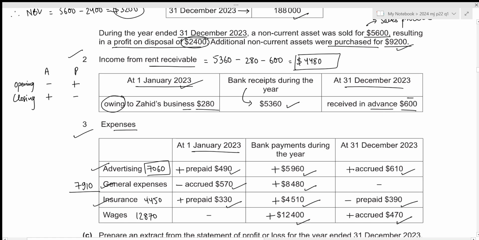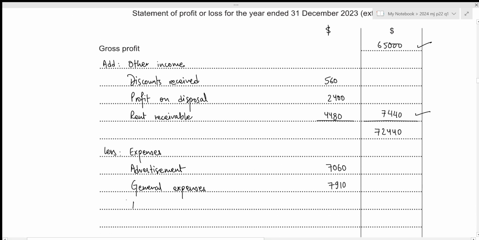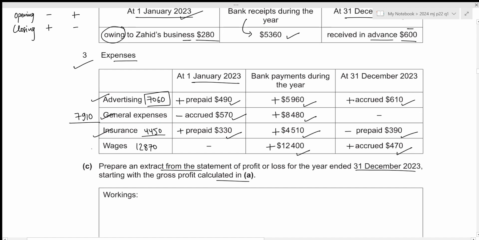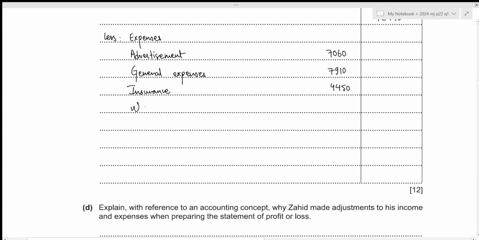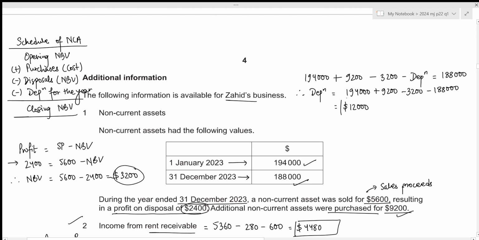We then calculated it for insurance to be 4,450. We then calculated the wages to be 12,870. Then we've also calculated the depreciation charge for the year to be 12,000.